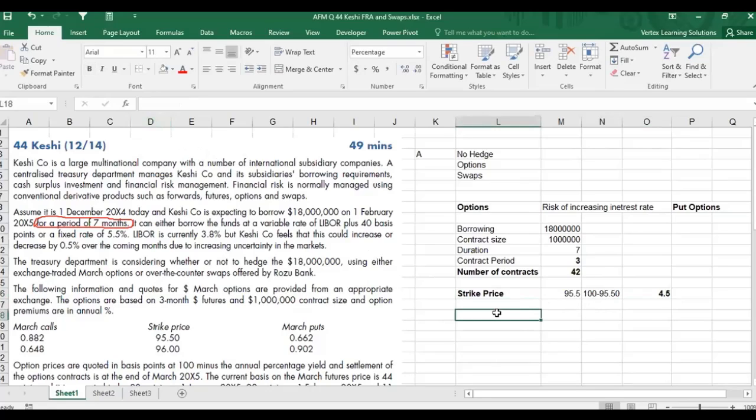And when you go to February, your current price would be, now this is 4.5, let me put it, 4.5%.